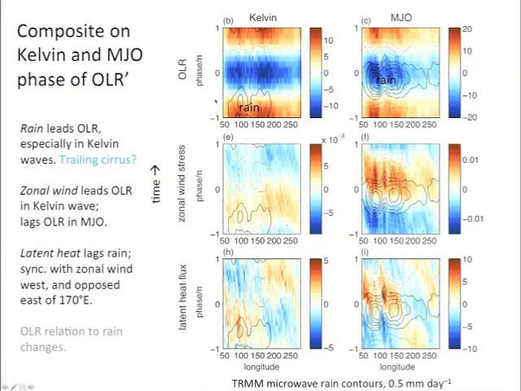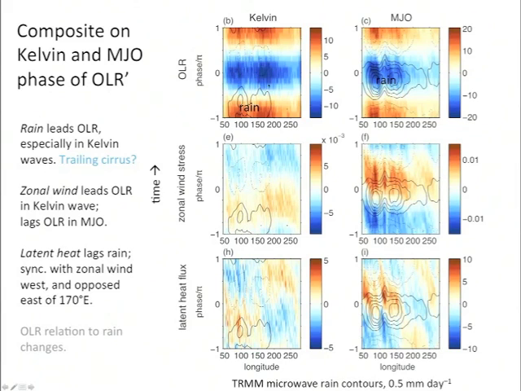Obviously the Kelvin waves are much faster than intraseasonal MJO waves. The rain is definitely leading the OLR in the Kelvin waves, while in the MJO it is only maybe slightly leading. And this could be due to the difference between the time axes.